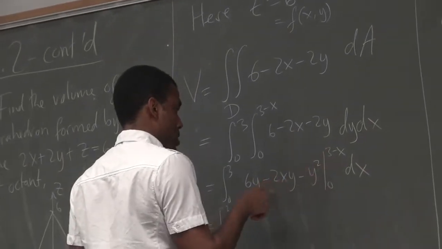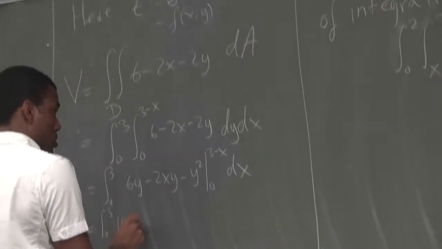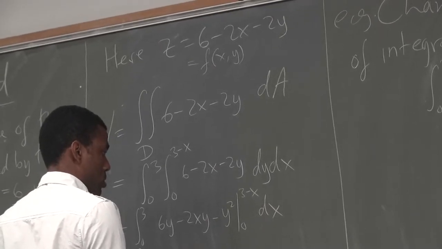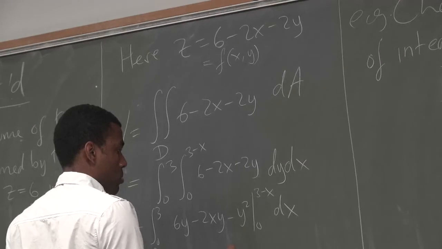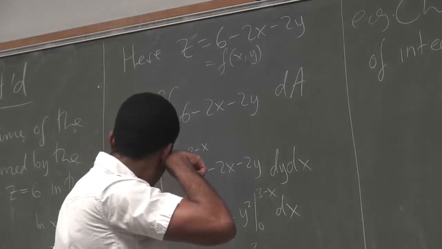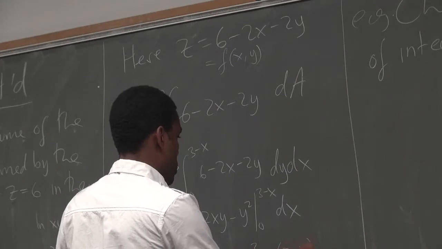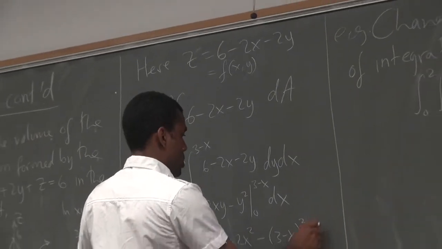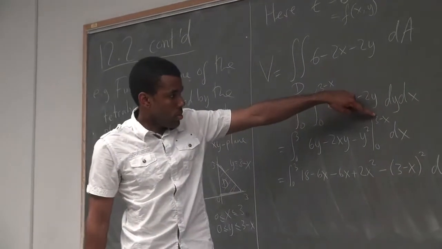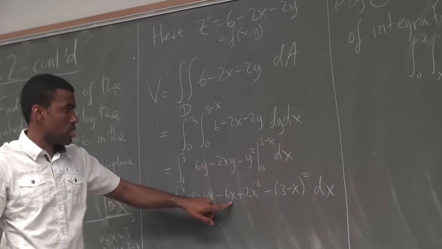And plug in 3 minus x for the y. So it's 6 times the y, 6 times 3 is 18, minus 6x, and minus 2x times this gives me minus 6x.